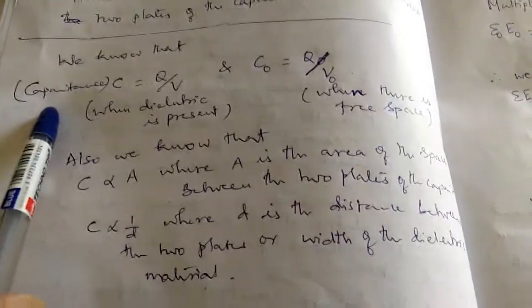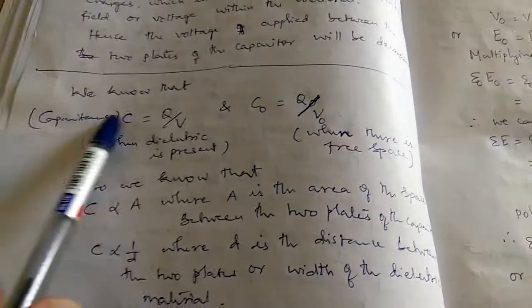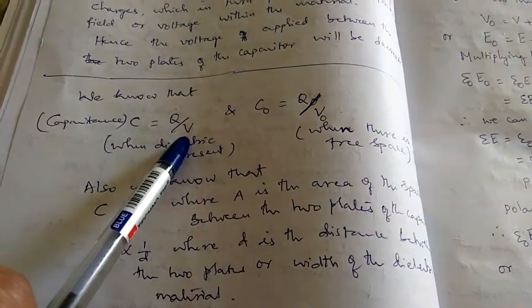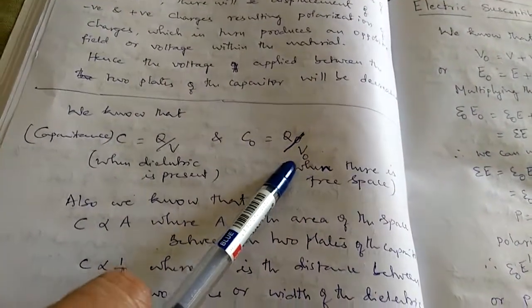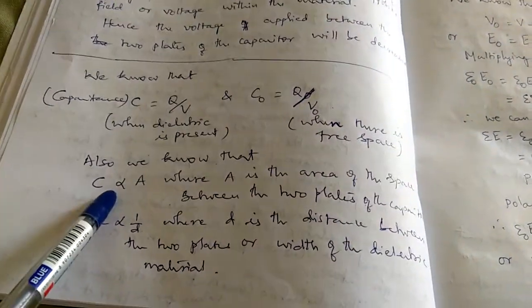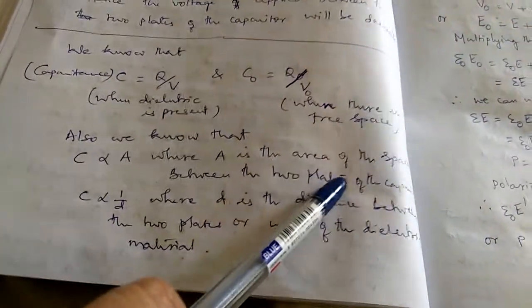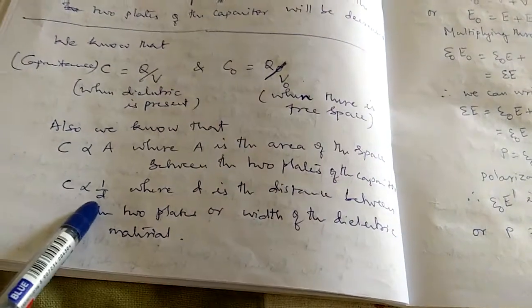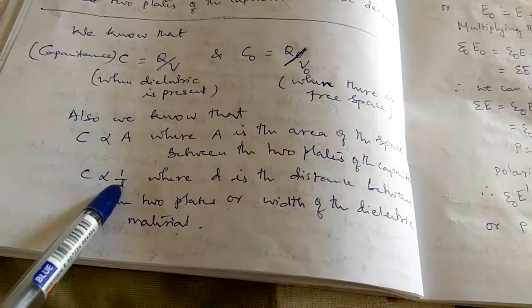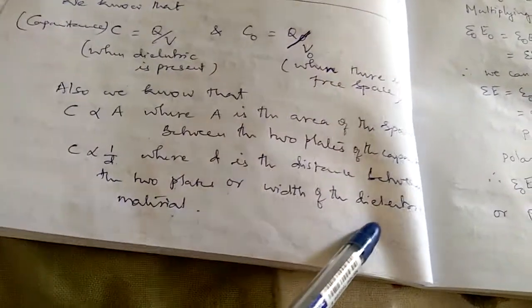So, here again we have defined the dielectric constant. We can write like this: C is equal to Q by V, C naught is equal to Q by V naught, and we know that C is directly proportional to A, where A is the area of the space between the two plates of the capacitor, and it is inversely proportional to D, that is the distance between the plates or width of the dielectric material.